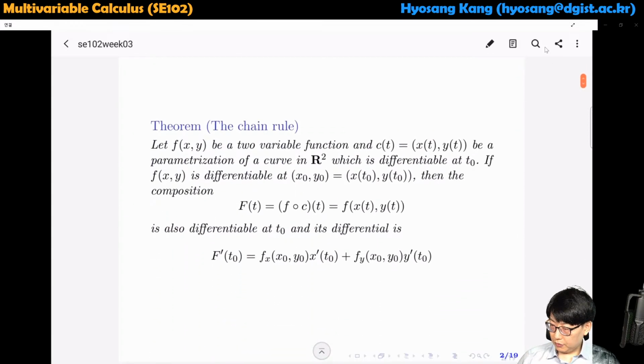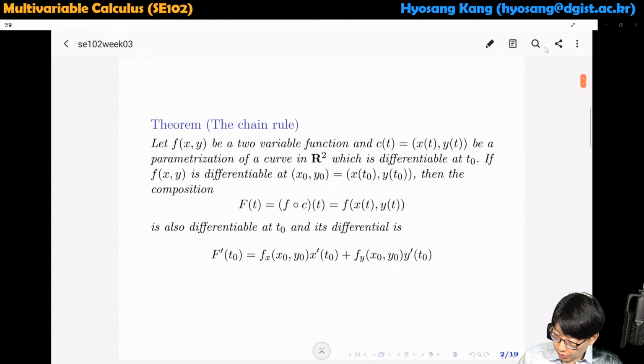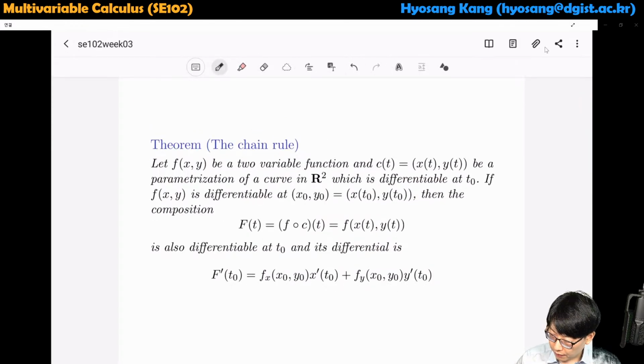Alright, so what is the chain rule? Here's the simplest version of the chain rule. We have a two-variable function f(x, y), and we have a curve on the plane, c(t), parameterized by t. Now we assume that our function f(x, y) is differentiable at the point (x0, y0), which is the starting point of our curve.